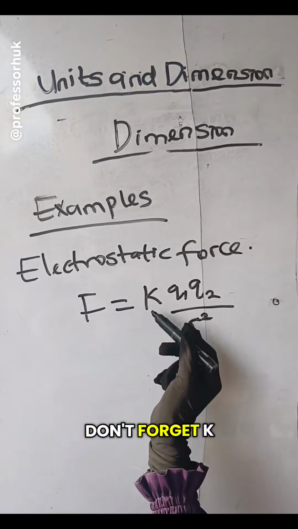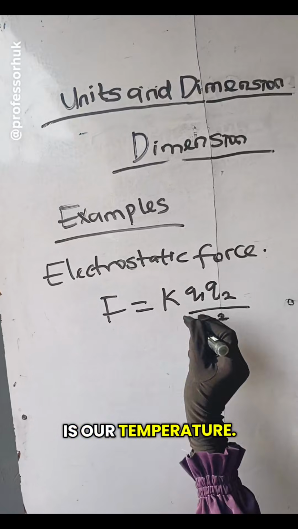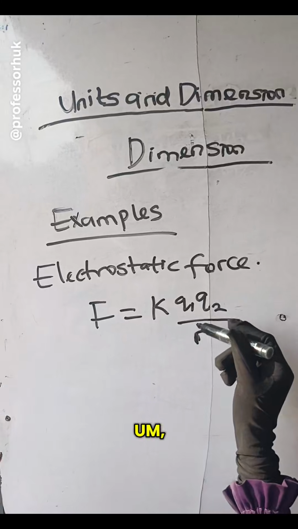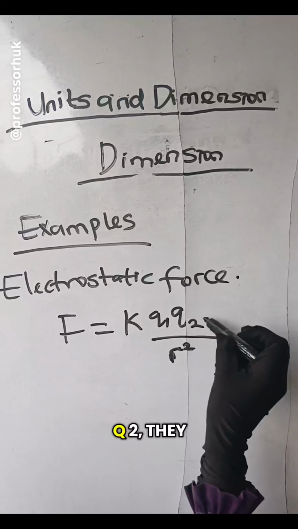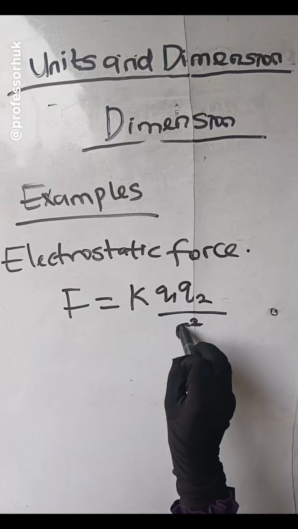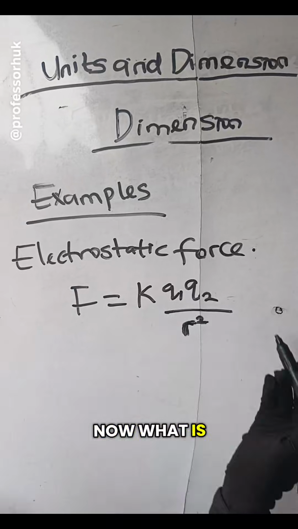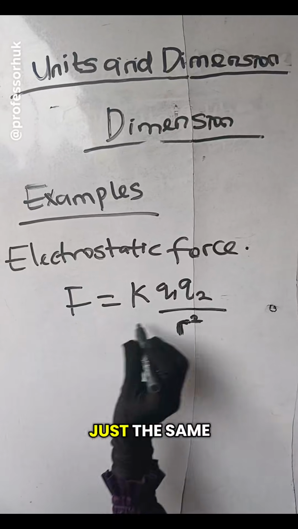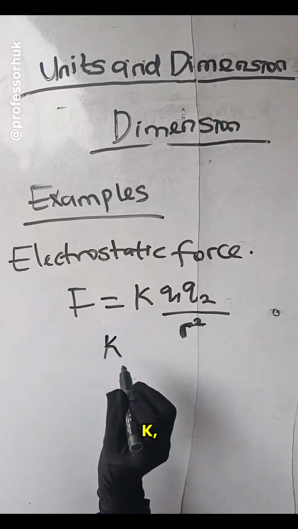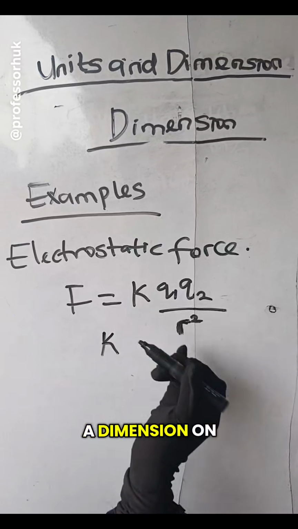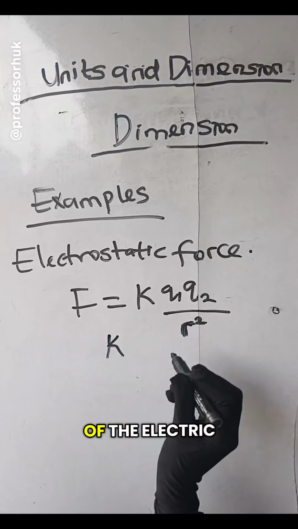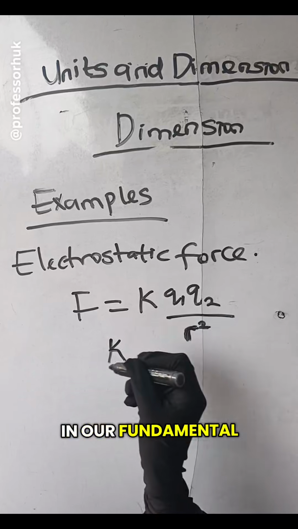Don't forget, K is what? K is our temperature. The Q1, Q2, they are our quantities. Then the R is our distance. Now, what is the dimension? The dimension is just to say K, since K is a dimension on its own in our fundamental quantity, and Q is also the dimension of the electric charge in our fundamental quantity.